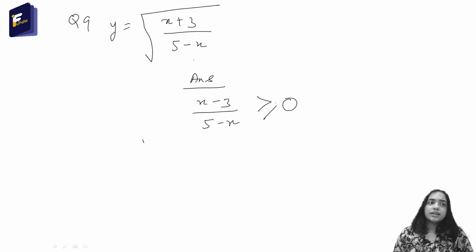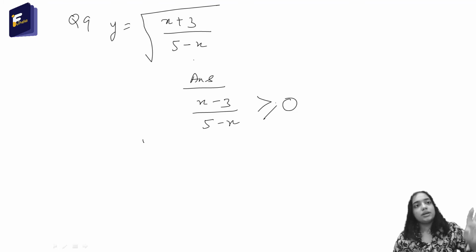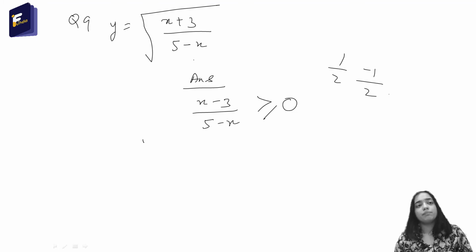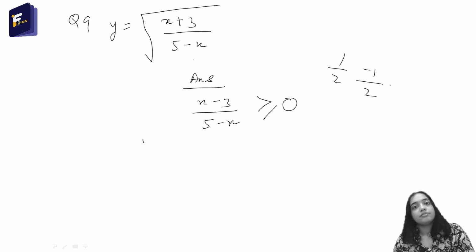For this to be greater than or equal to 0, think that you are dividing two things, say 1 by 2, or -1 by 2. When are you getting a positive number? If you divide a positive number by a positive number, you will get a positive number, like 1 by 2, 3 by 5, 5 by 6.